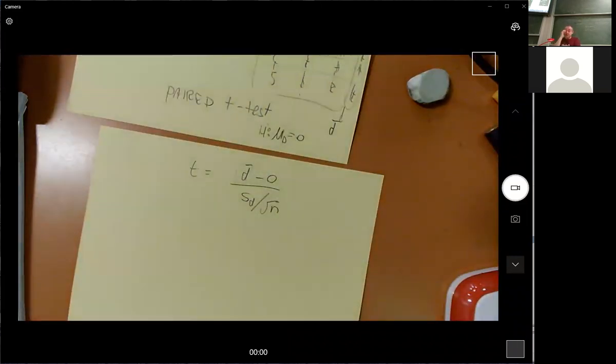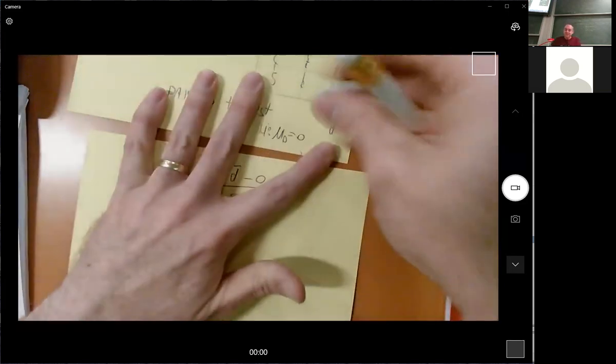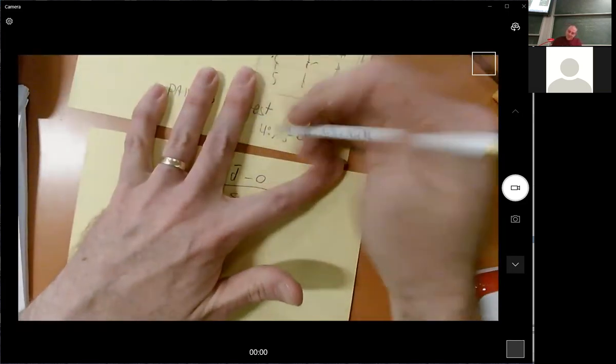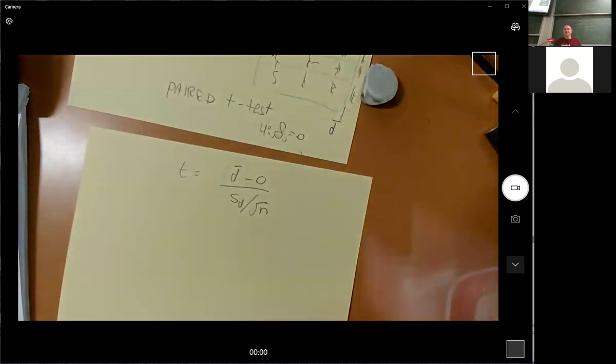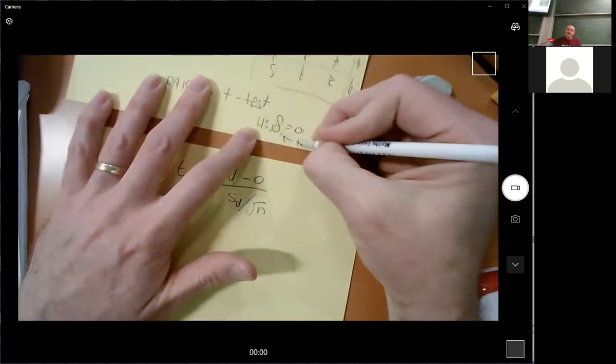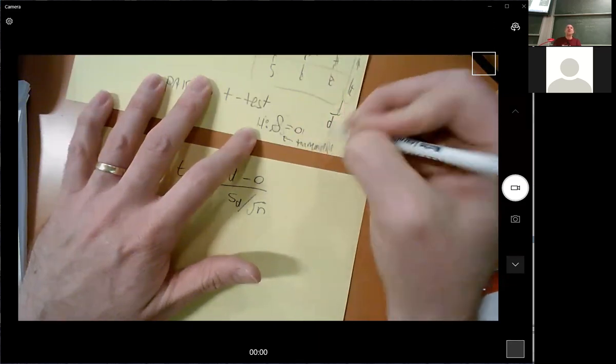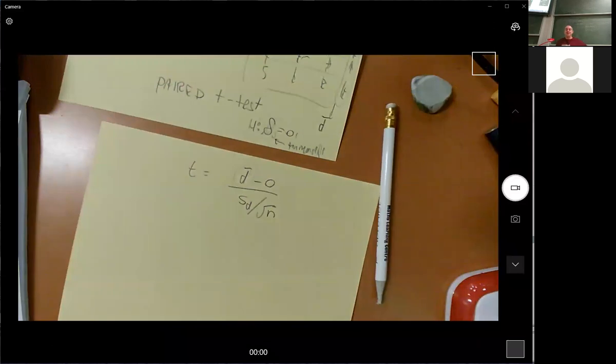The mean of the differences. What does your lecturer call it? Delta. Okay. Delta, that's what your lecturer calls it, which is the true mean difference. That makes sense. Greek letter delta, delta for D.